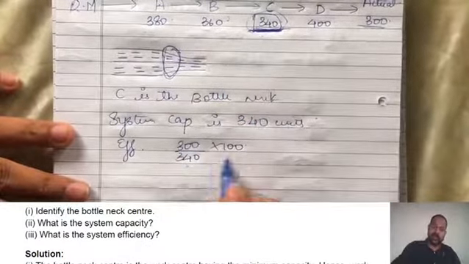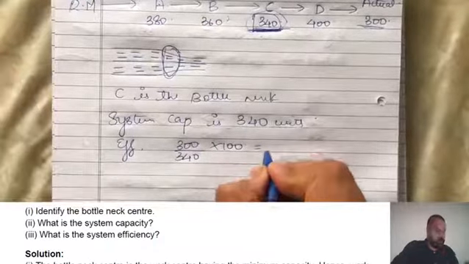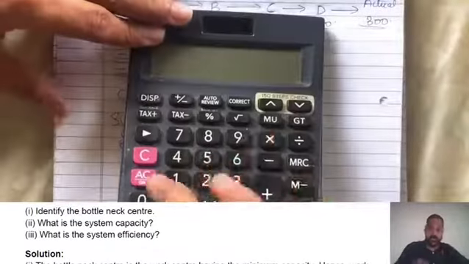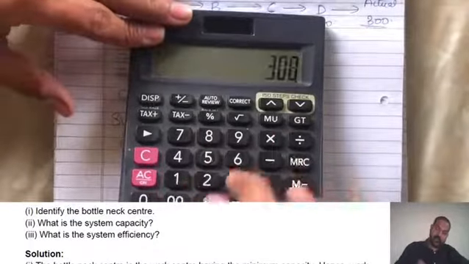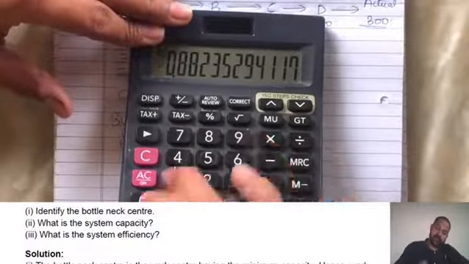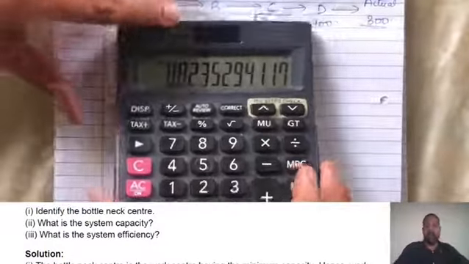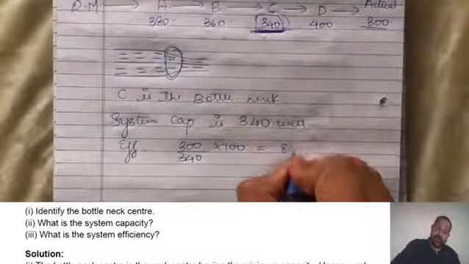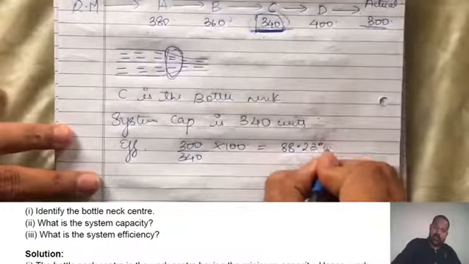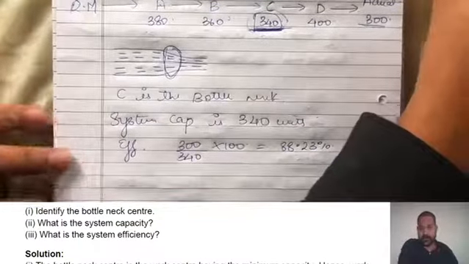So it is 300 divided by 340 into 100, which is 88.23% efficient. And those are my answers.